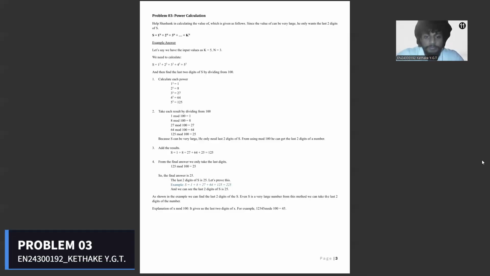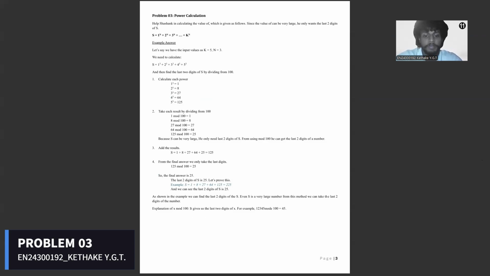To find the last 2 digits of a big sum like this equation, we use a simple trick called modulo 100. This means we only keep the last 2 digits of each number instead of working with the whole number. For example, if k equals 5 and n equals 3, we'll calculate 1 power 3, 2 power 3, 3 power 3, 4 power 3, and 5 power 3, which are 1, 8, 27, 64, and 125.